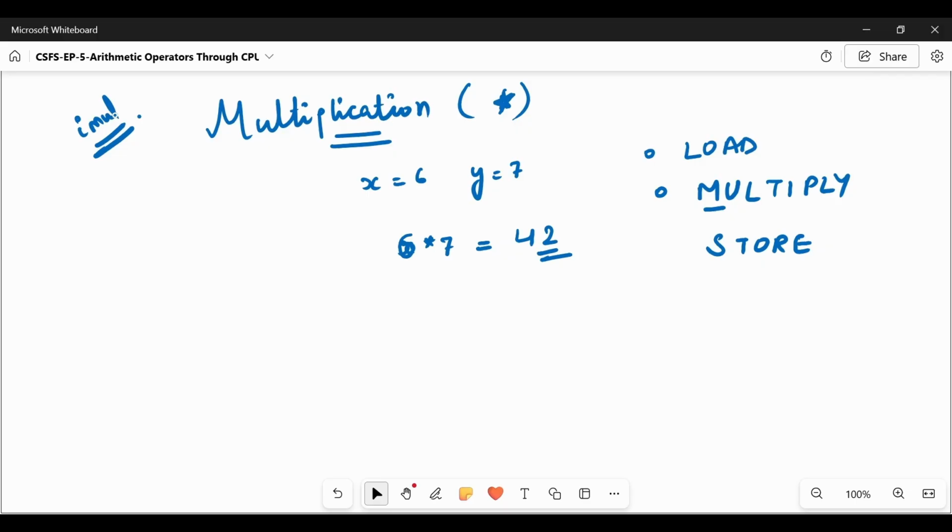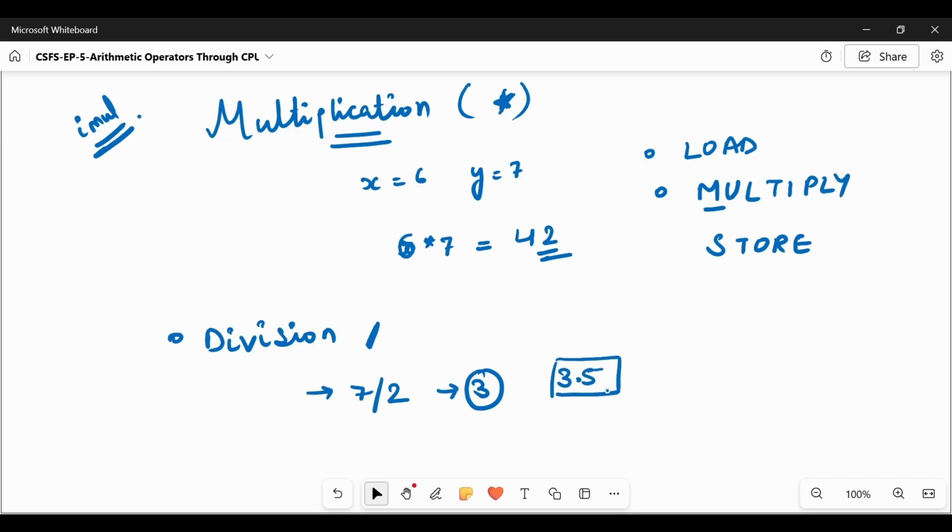Multiplication can also overflow in case of larger values. So, as arithmetic always has storage limits, we should be very careful when we are dealing with larger values. Now we have the most misunderstood operator, the division operator. When we are doing 7 divided by 2, the output is usually 3, not 3.5, because this division operator discards the fraction values.